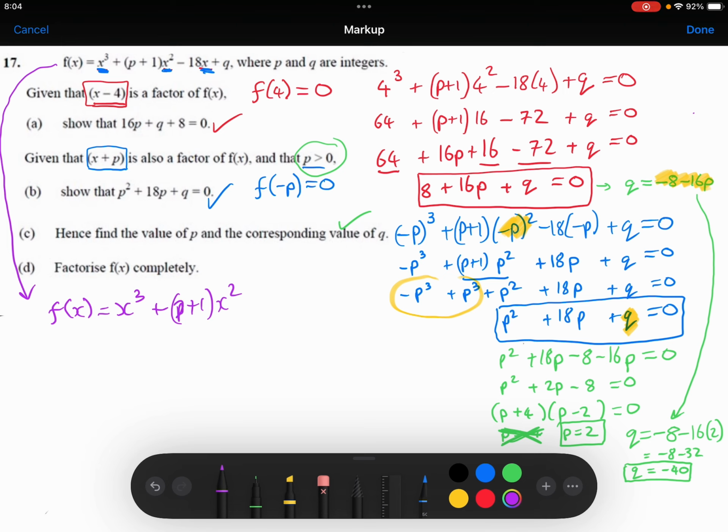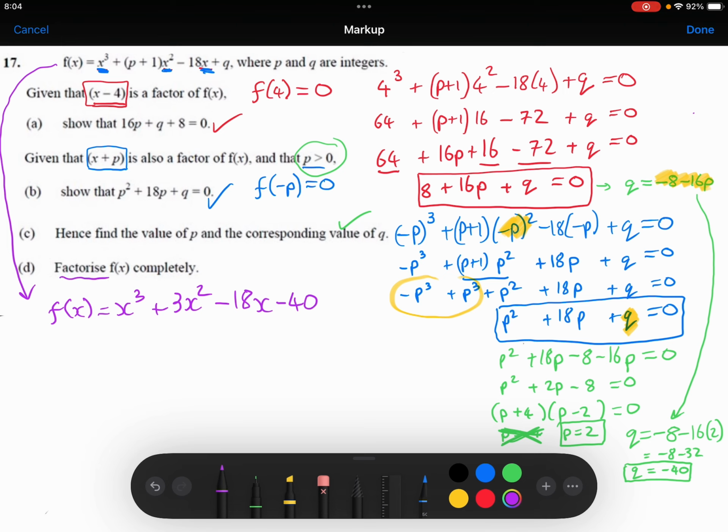So 2 plus 1, we've got 3x squared. We had a minus 18x, and we had a plus q, which we now know is minus 40. So that's my f of x with all of the coefficients known now. We need to factorise this.